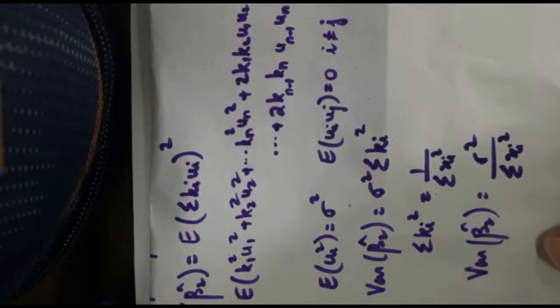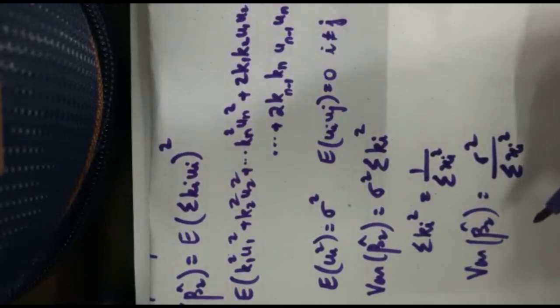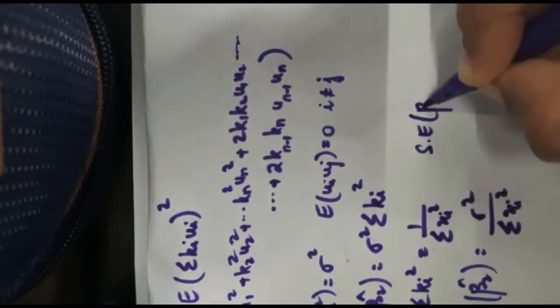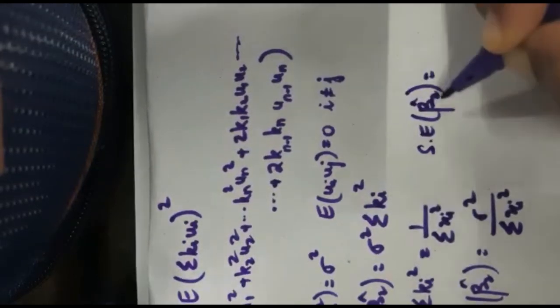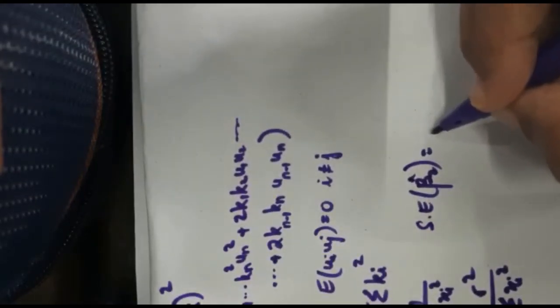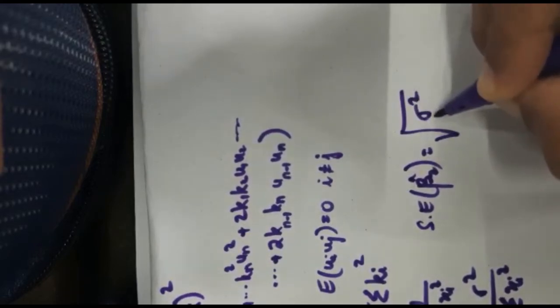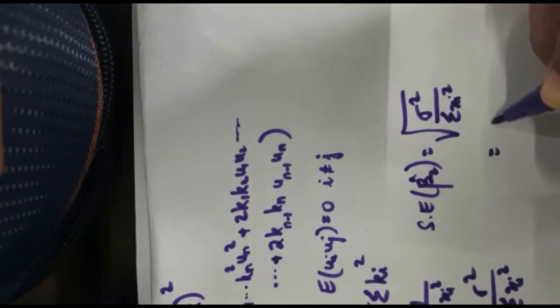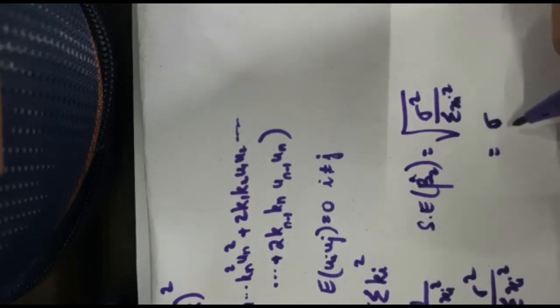The standard error is nothing but the square root of the variance. So the standard error of beta 2 hat is equal to the square root of sigma squared by summation xi squared. In other words, it will be sigma divided by the square root of summation xi squared.